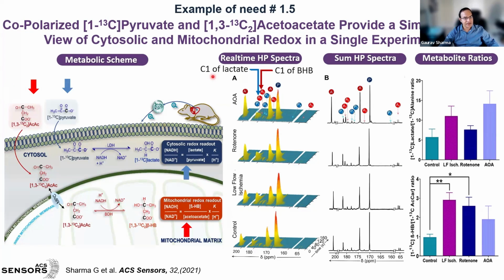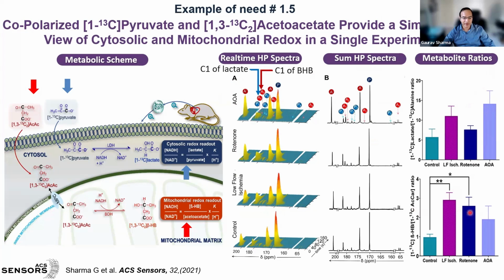Here we see C1 of the lactate and C1 of the beta hydroxybutyrate. Here are some spectra from the same groups, and here we use AOA, aminooxyacetate, which basically blocks the flux between the cytosol and the mitochondria. When we look at the metabolite ratio, we see an uptrend in the low flow ischemia and rotenone AOA groups, but they do not reach the significance level for the cytosolic redox.